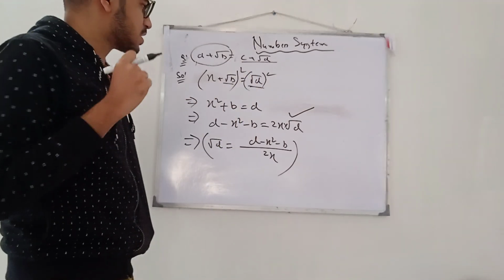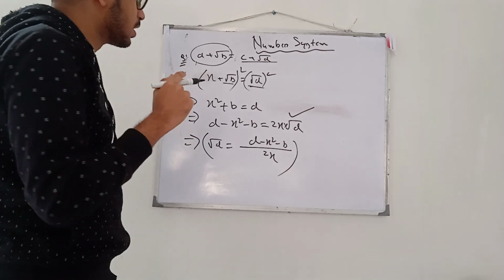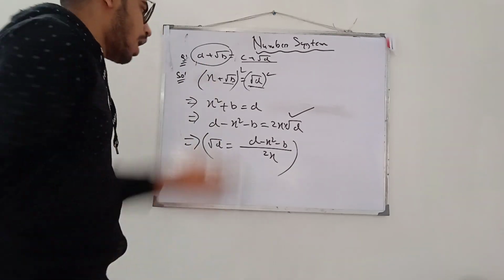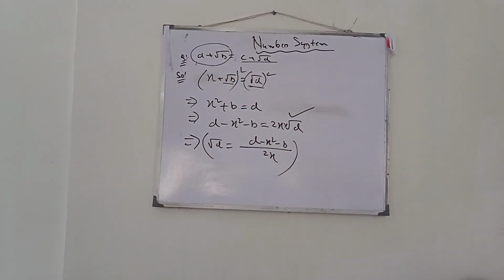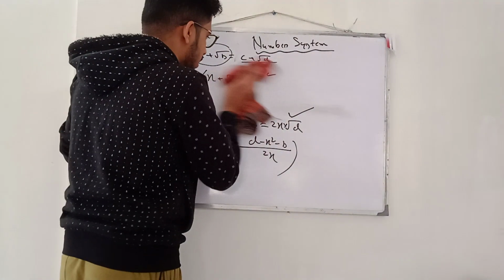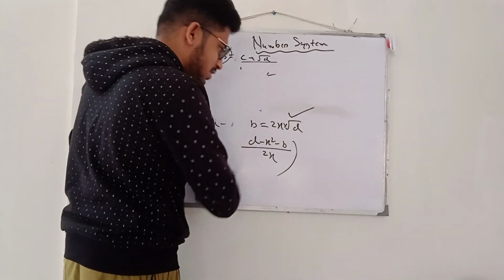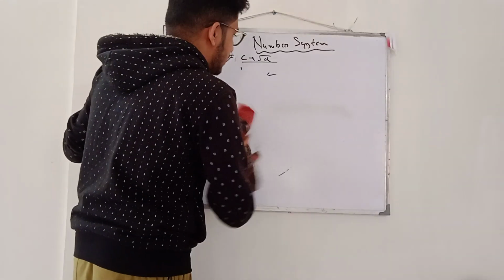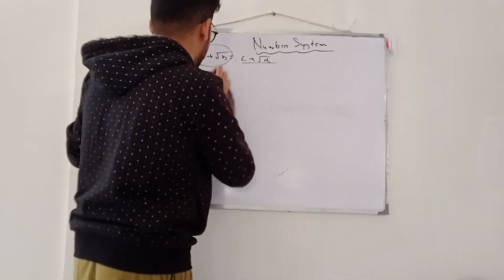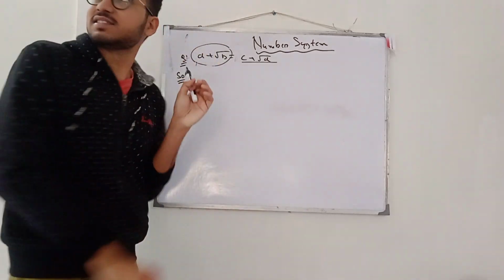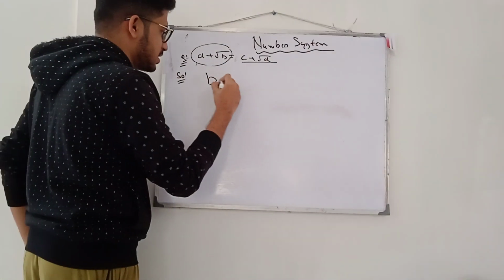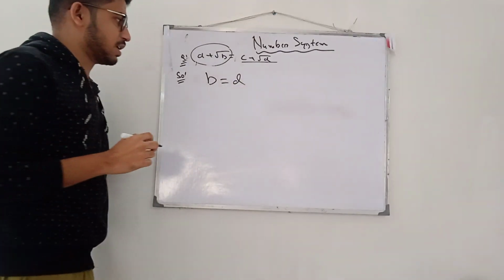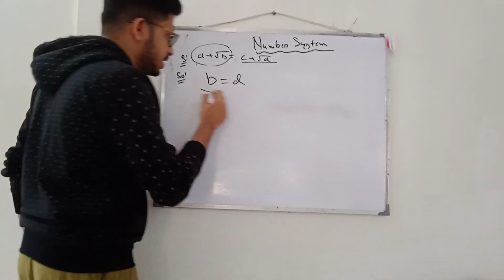Acha, suppose if root b is, how stupid I am. Yeah, here they're saying, oh yeah, how stupid I am. Here they're saying that b is equal to d. Okay, b is equal to d.